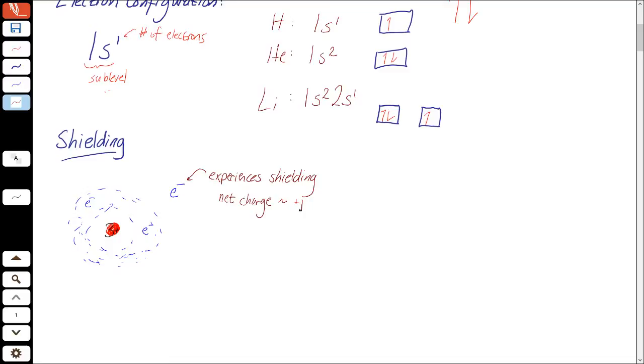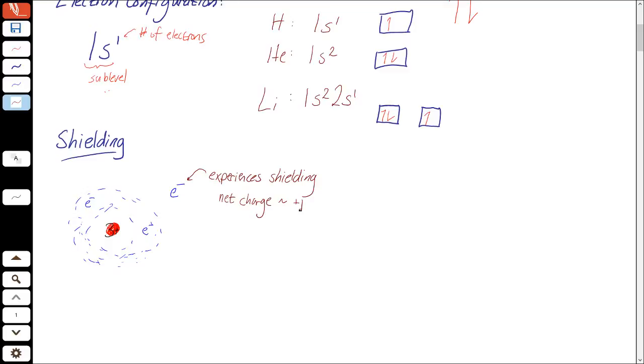So instead of feeling the pull from a 3 plus charged body, the way those inner electrons would, we might say that that outer electron only really feels a +1 charge because those other electrons are shielding it. They're kind of blocking some of that pull. They're taking that pull for themselves because they're closer in. And so by the time you get out to that outer one, it's not experiencing as much of a pull.